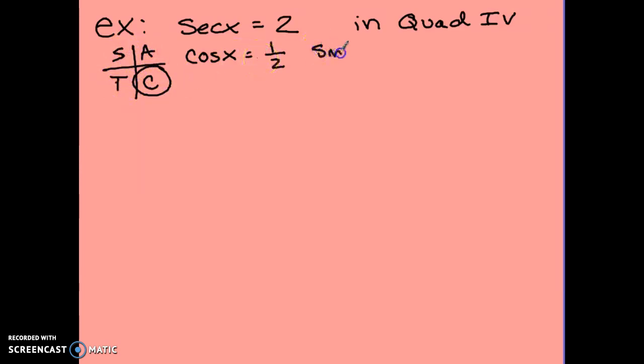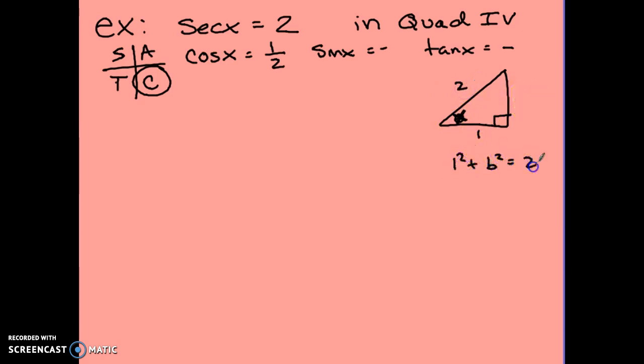So let's go ahead and figure out what those ratios are. We know they're negative. I'm going to have to draw a right triangle, and put an X there. Cosine is adjacent over hypotenuse. And I want to know this piece, so 1 squared plus b squared equals 2 squared. That's 4 minus 1, which is 3.